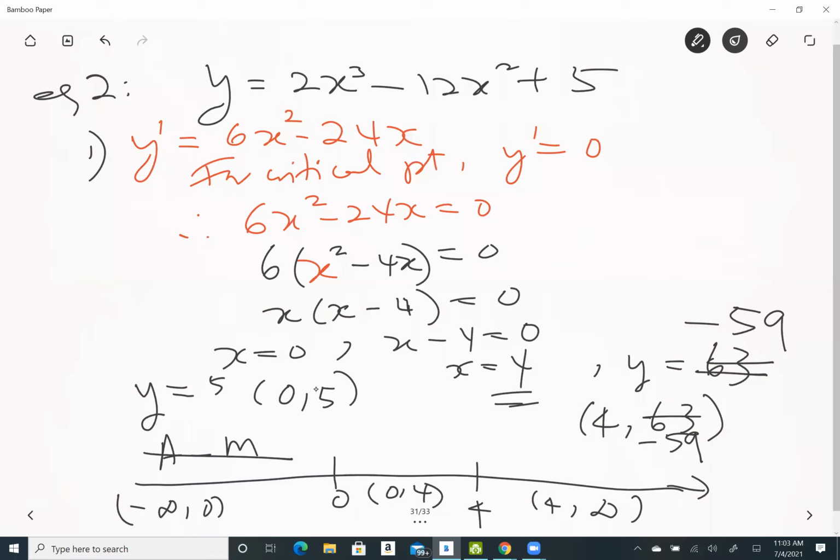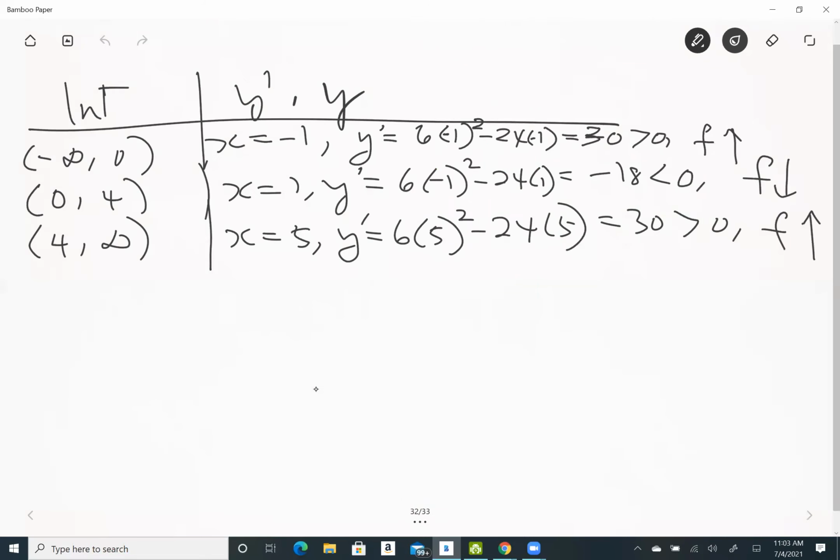Okay. So now I think it may look better. So you got 4, negative 59. So that is the point. The point is far down there, negative. So I have to draw the graph a little bit up.